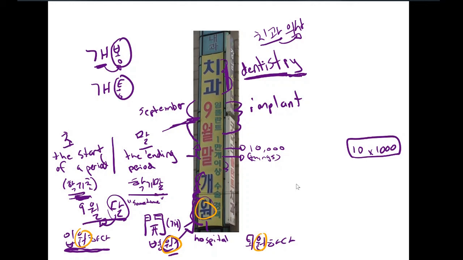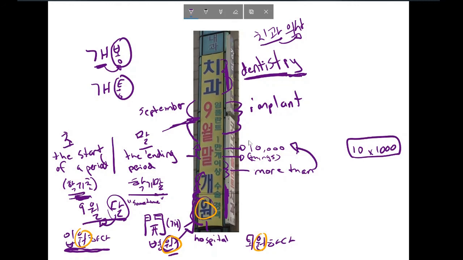And 이상 means more than. So really, you're just saying more than 10,000, and well, more than 10,000 what? We haven't said that yet, but more than 10,000 of this thing, which I'll get to in a second. One interesting thing here is you actually don't need this one here. I asked a few Korean people why it was there, and they said maybe just to make it more specific.